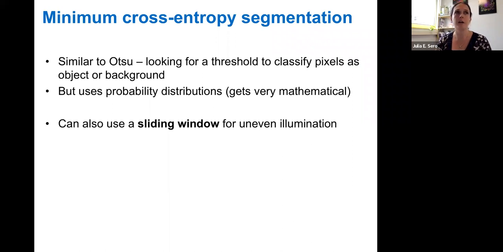But instead of looking at the within class and between class variance, it uses probability distributions. This gets very mathsy, which we don't have time to go into, and I'll probably embarrass myself if I try to describe it. With minimum cross entropy, though, you can also use the sliding window if you've got uneven illumination.